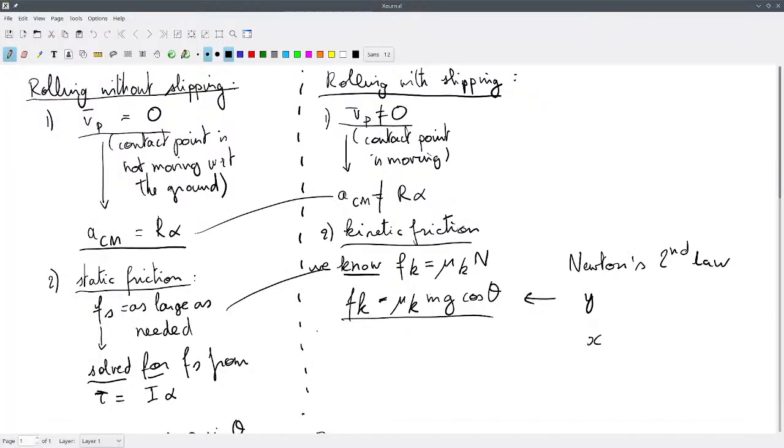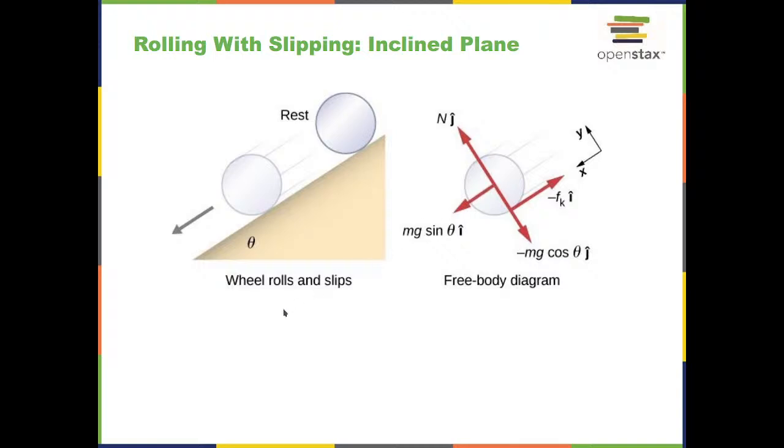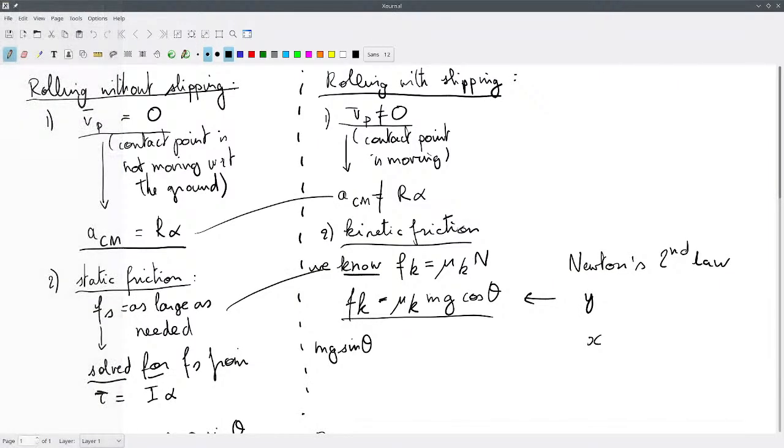Let's start with mg sine theta. That's the component of the weight that's along the direction of x. And then minus the force of friction, which we now know, that's mu k mg cosine theta. That will have to be equal to m times a cm. So that's our x component equation from Newton's second law.